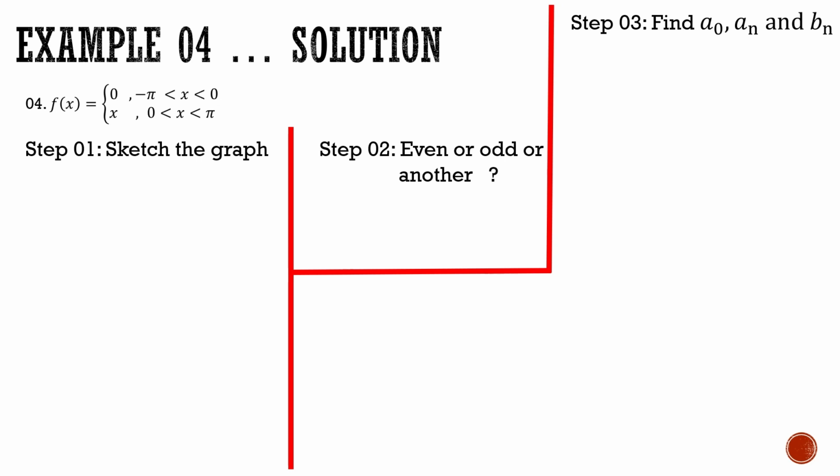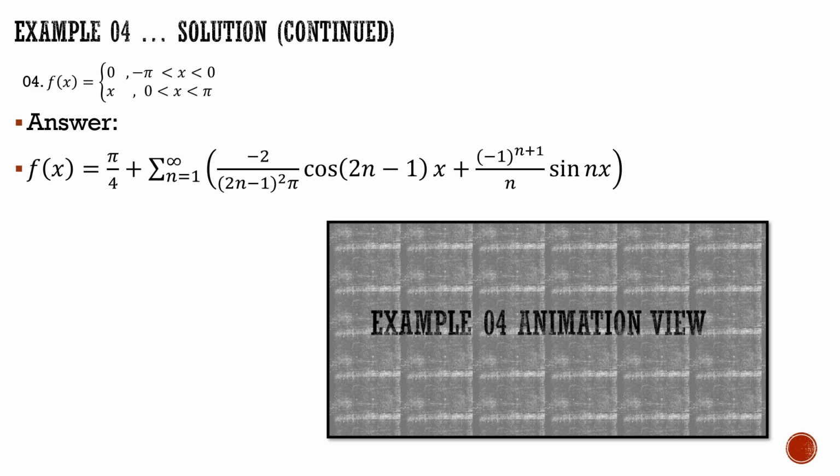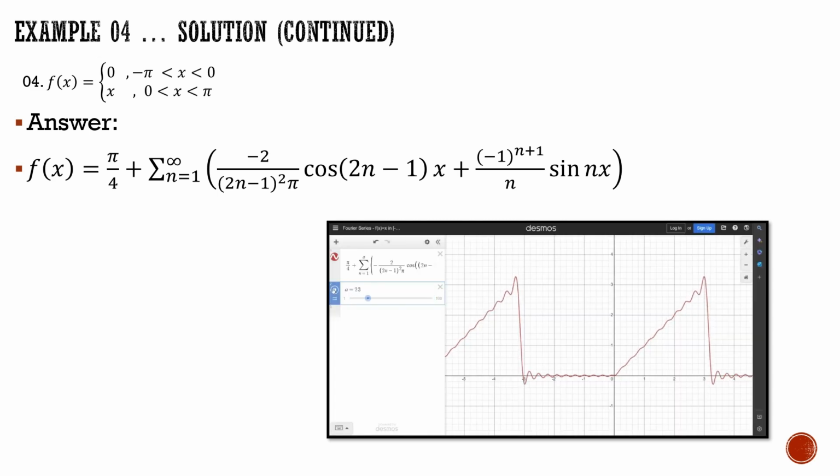For your practice, I leave this question for you, and I also give the final answer. Solution for example number 4 will be like this, and this is the animation view of example number 4.